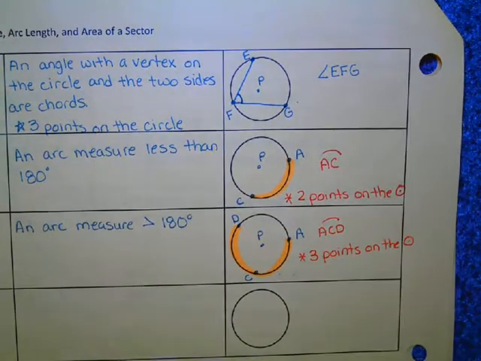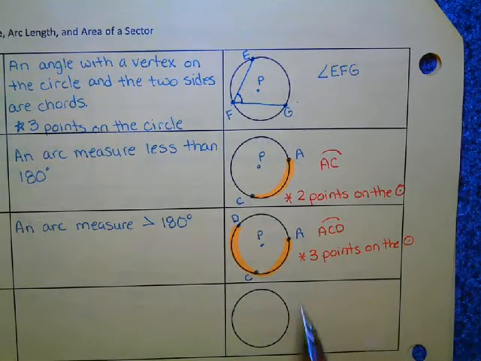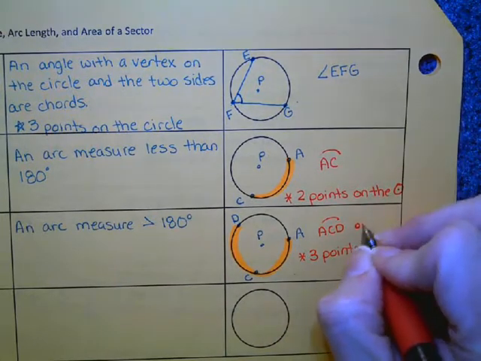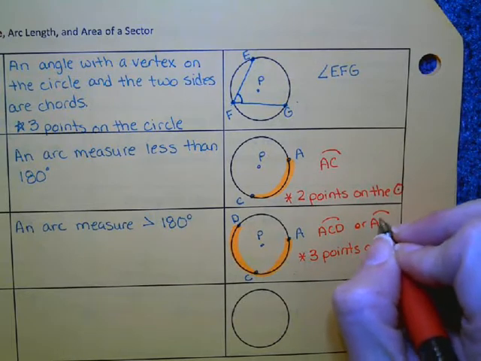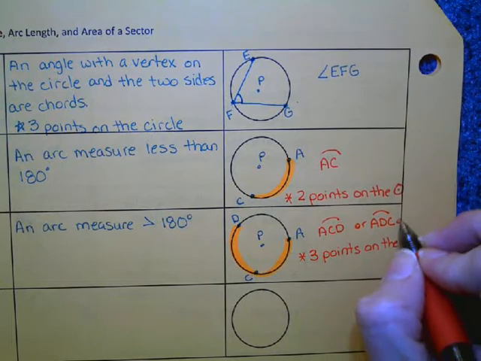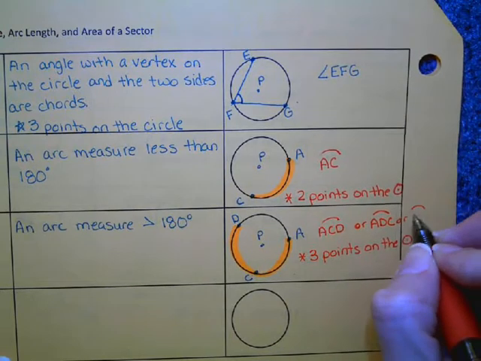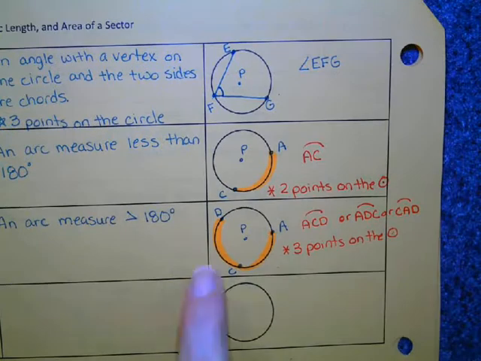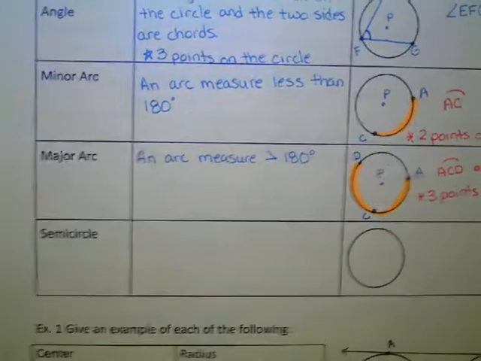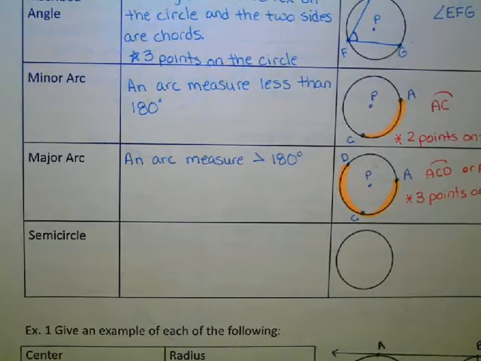And we could have said another example, like ADC. Doesn't matter which way we go. Or you could do CAD. As long as the 3 points you choose create over half the circle of the curved part. Okay, the arc is the curved part. A semicircle, guess what? That's exactly half. So an arc with endpoints on the diameter.